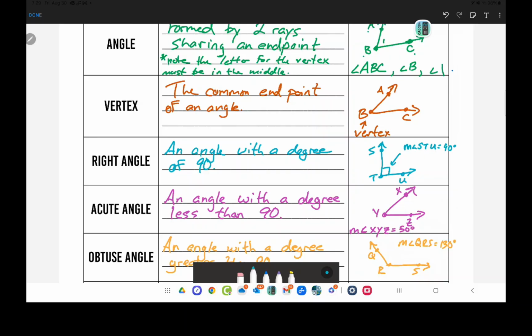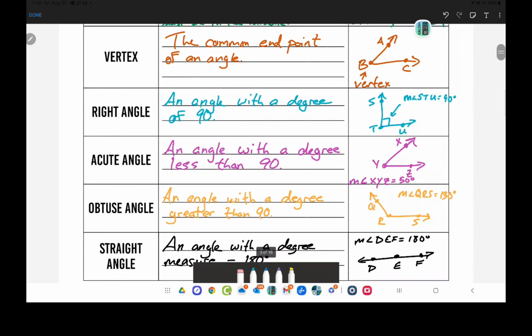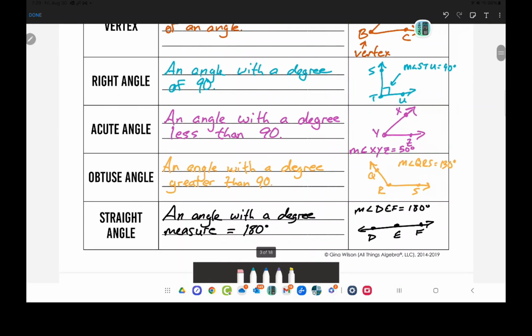Automatically given as a right angle. Acute angle, angle with a degree less than 90. Okay. Obtuse angle, angle degree greater than 90. And you can have something called a straight angle, an angle with a degree measure equal to 180.